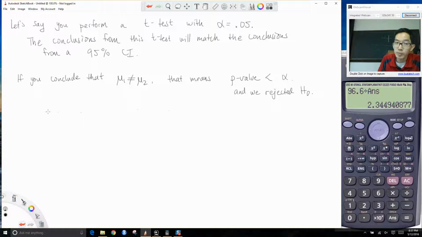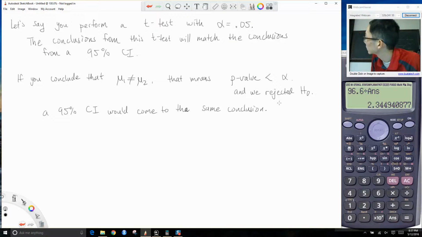Similarly, a 95% confidence interval would come to the same conclusion. So if we made a 95% confidence interval, would 0 be in the interval or not?